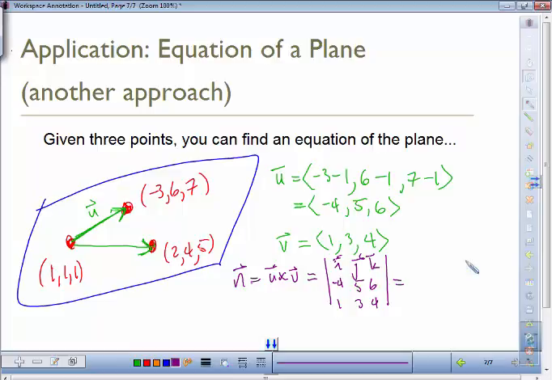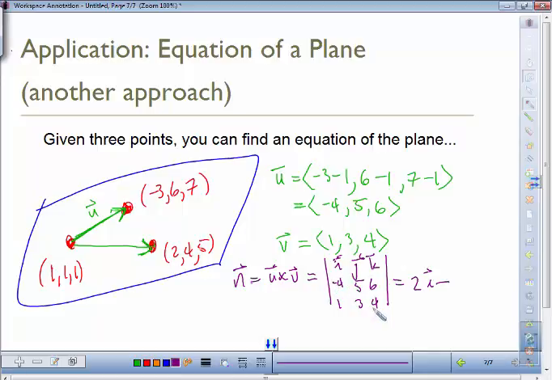So now let's figure out the i component. And the i component is going to be 5 times 4, that's 20, minus 3 times 6, 18. 20 minus 18 is 2. In my j component, which is negative, I cross out the j, and I have negative 4 times positive 4.